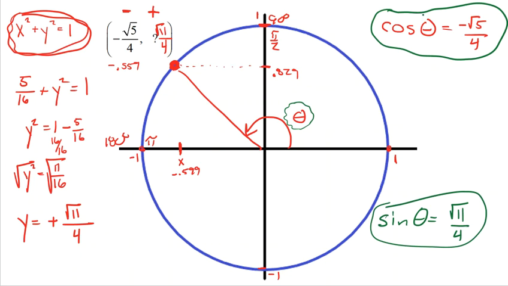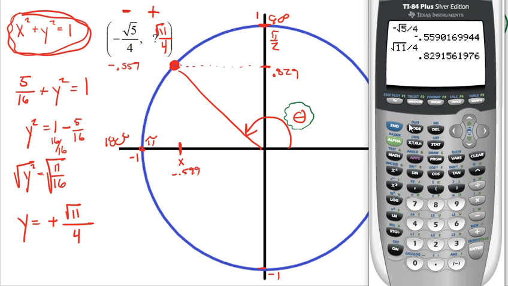Well, I need to pull the old switcheroo. I literally just spun around in my classroom. I'm simply going to use an inverse cosine, put the negative radical 5 over 4 inside, and the output is the angle. Now, let's do degrees first.